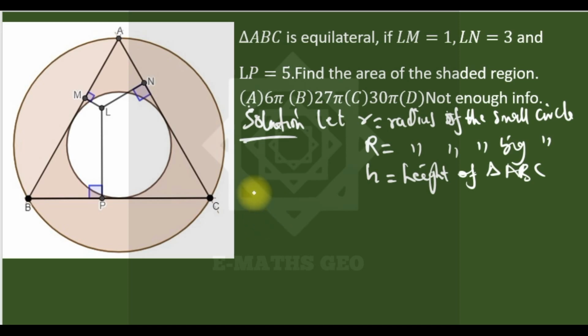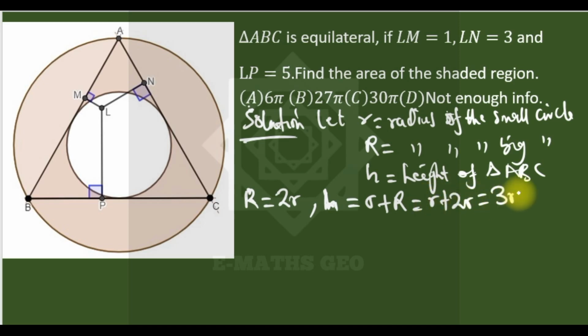So we'll establish that R, that's the radius of the big one, is equal to 2 times the radius of the small one. And again, we're going to establish that the height of the equilateral triangle is equal to the sum of the radii, that's r plus R, which is r plus 2r, that is 3r.